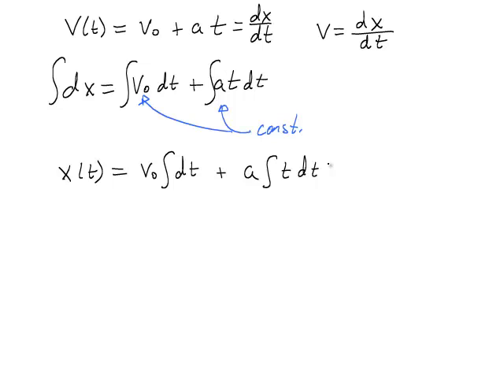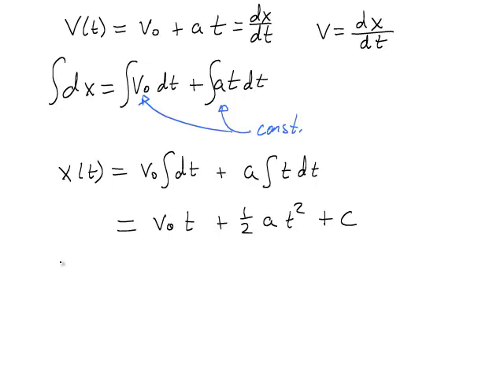So now I want to evaluate my right hand side to give me v naught t plus 1/2 the acceleration times time squared plus a constant.